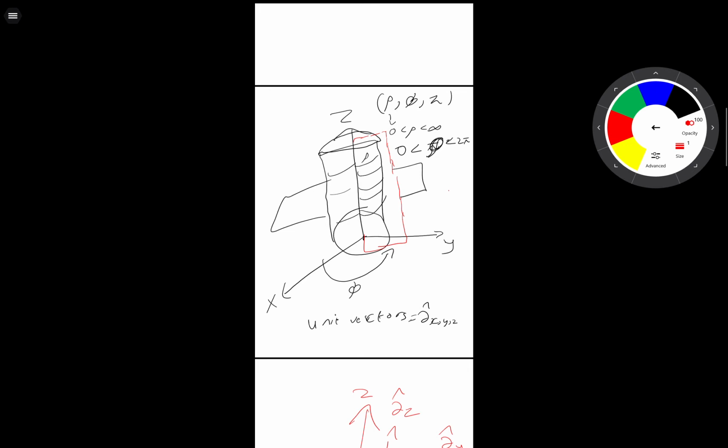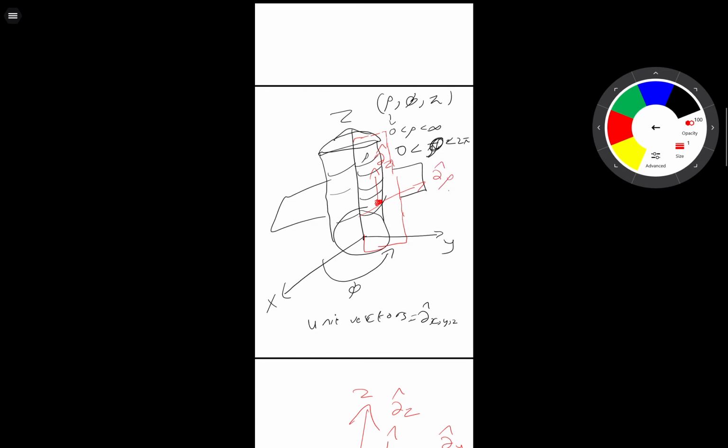Similarly, for the cylindrical coordinate system, let's suppose I have a point over here. We will have our a sub z, the unit vector, in the increasing z direction, and for rho, it's going to be in the increasing rho direction.